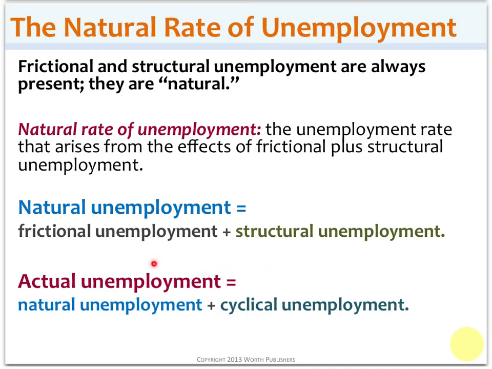However, sometimes we're above our natural unemployment rate. This would be during a recession. During hard times, we expect the unemployment rate to rise, and that's because of this additional unemployment that is present during hard times. We'll call it cyclical unemployment, or unemployment due strictly to the business cycle's movements.